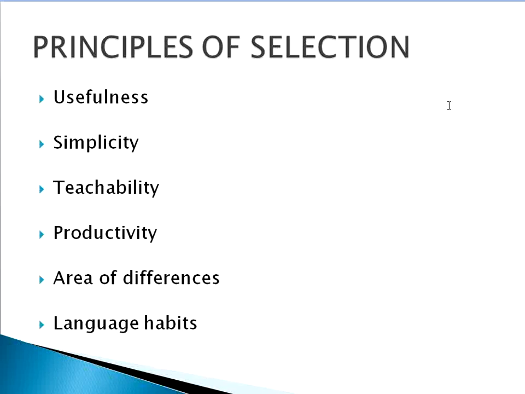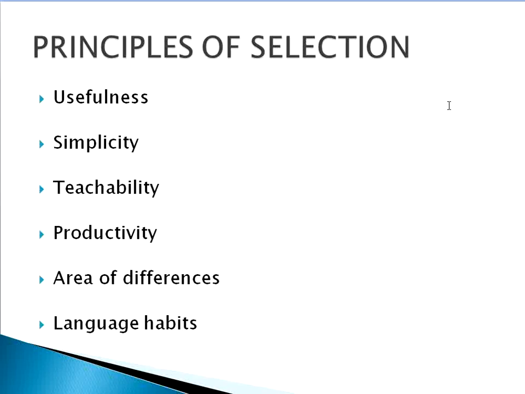What is the next one? Area of differences. As a teacher, you will have to concentrate on this particular point also, because when you change a word in a sentence, the meaning also changes. Getting the point? So this is the region that you will have to work on, area of differences also. For example, if I say a sentence, "He does the work every day," it is an assertive sentence. But if I say, "Does he do the work every day?"